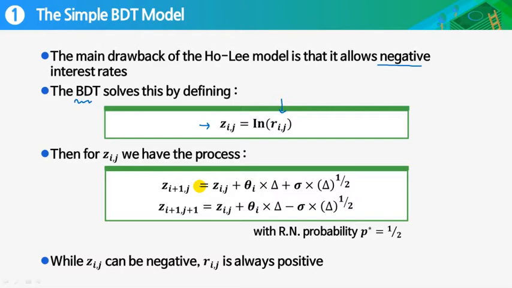So the log of the interest rate can go up or go down with equal chance.